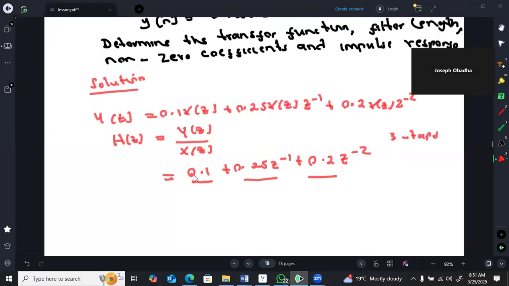And the non-zero coefficients are b0 equal to 0.1, b1 equal to 0.25, sorry, and b2 equals 0.2.